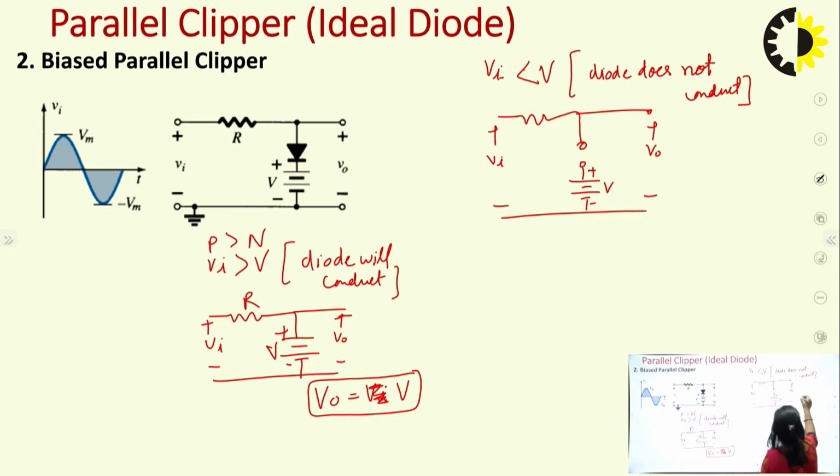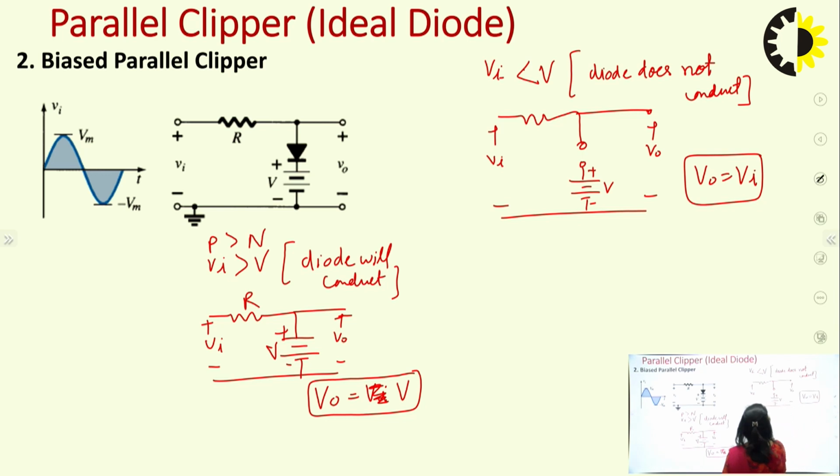So in this case V naught would be equal to Vi, because the diode has become open, so no current will flow through this arm. So whole input voltage will be expressed across the output and V naught will become equal to Vi.